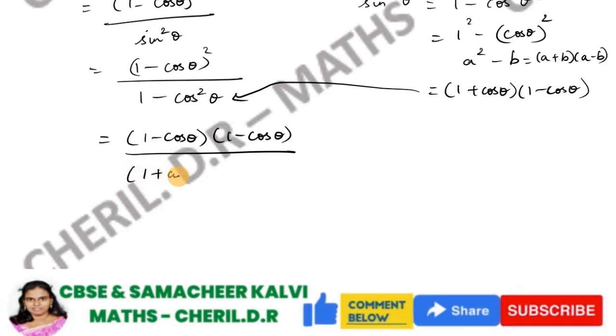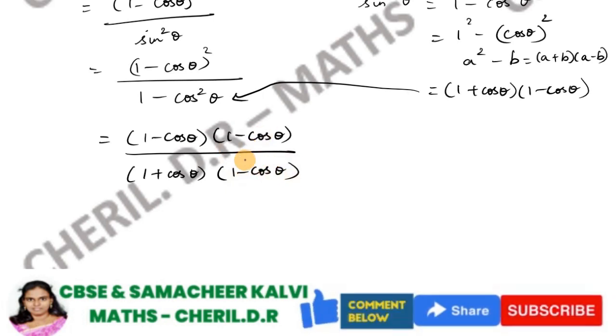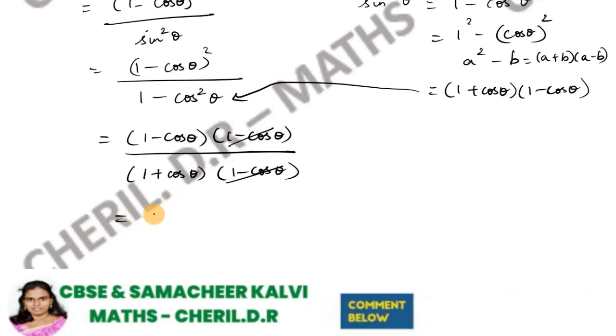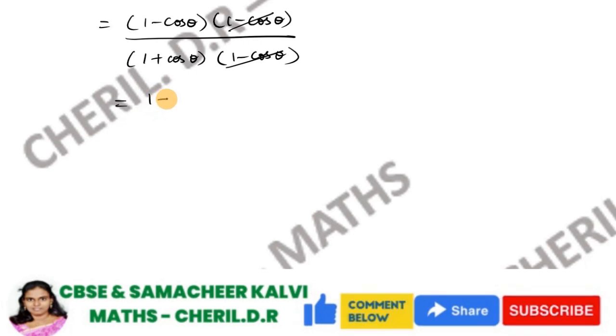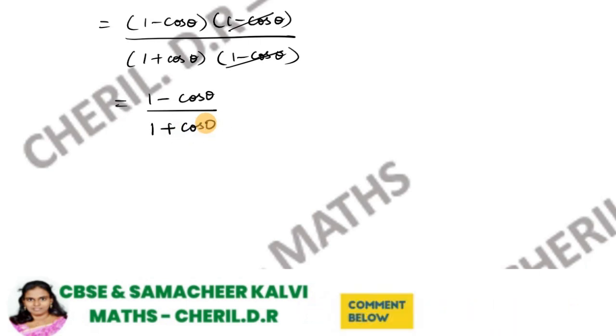It is 1 plus cos theta into 1 minus cos theta. Can we cancel this and this? Yes. So cancelling these two, you will get 1 minus cos theta divided by 1 plus cos theta.